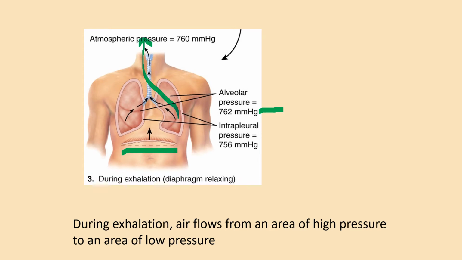So here we see the diaphragm relaxing. As it relaxes, it pops back up and it decreases the volume of the thoracic cavity. So now there's less space in the thoracic cavity, and those air molecules get closer together, and that goes hand in hand with a rise in pressure. And that pressure is sufficient to create a gradient, and we call that exhalation.